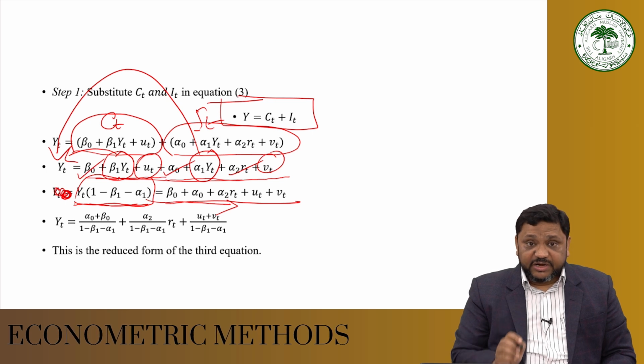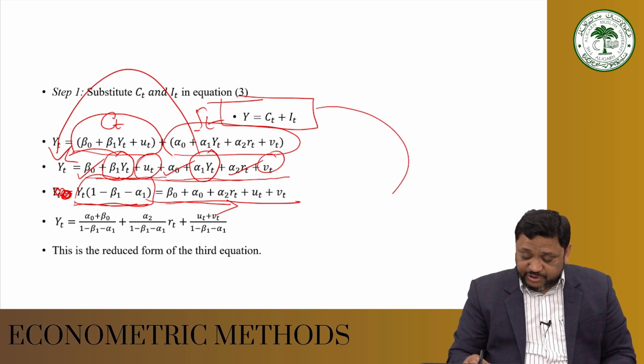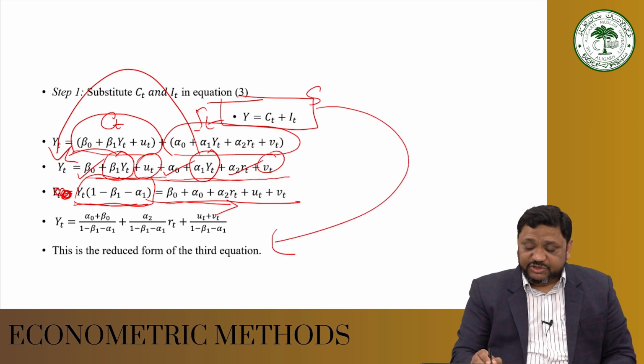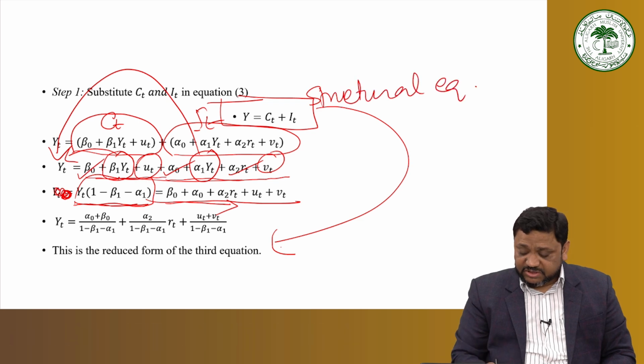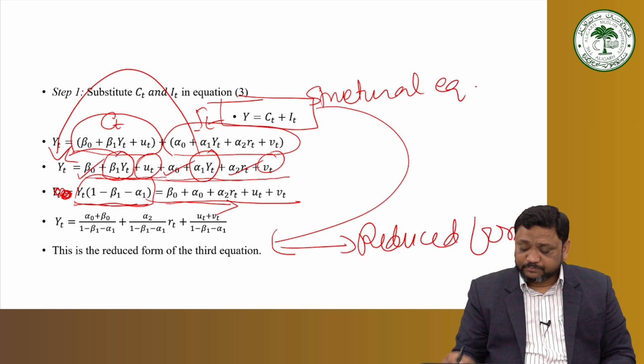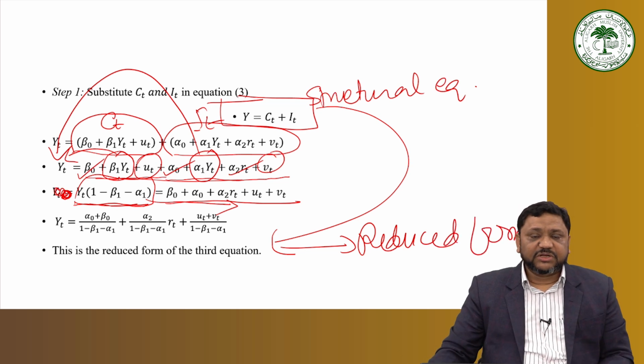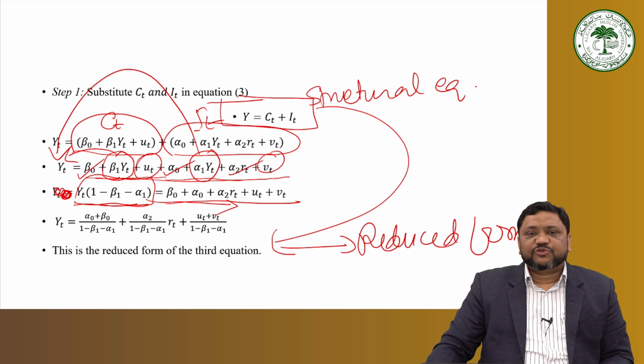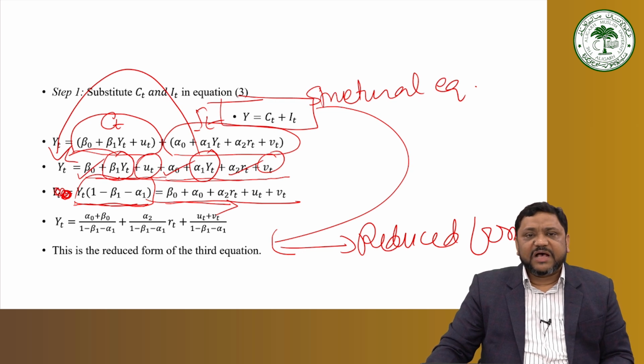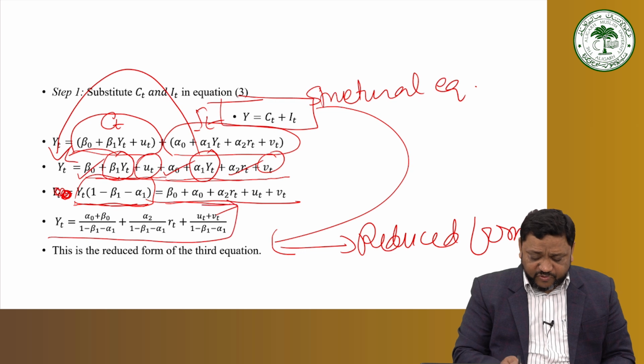This is the reduced form of the equation; the earlier one was the structural equation. So the third equation, yt is equal to Ct plus it, has now been written in reduced form. Now remember this term yt.